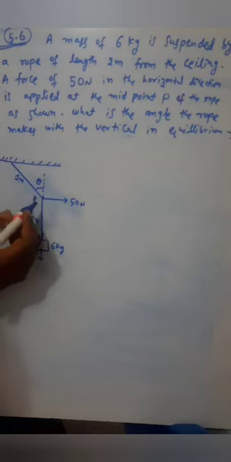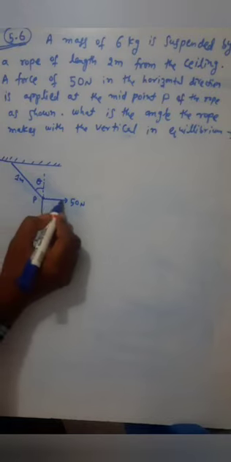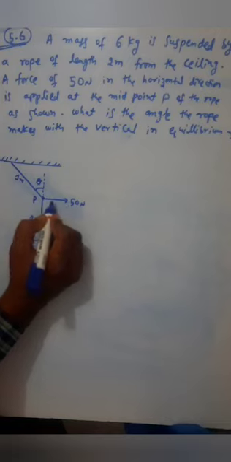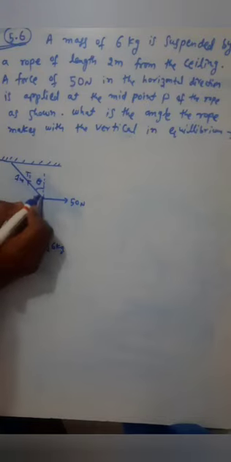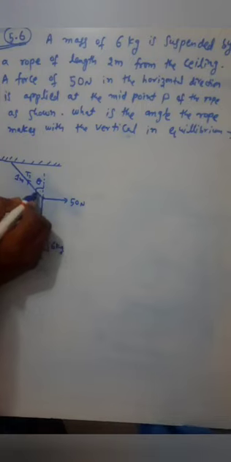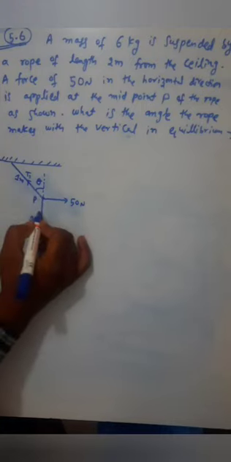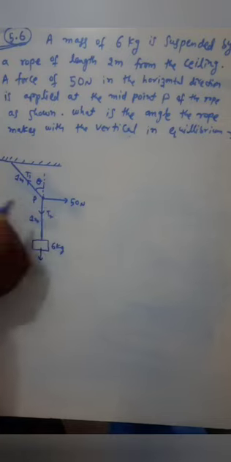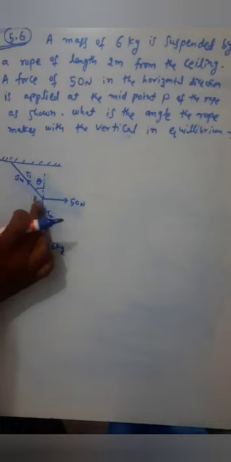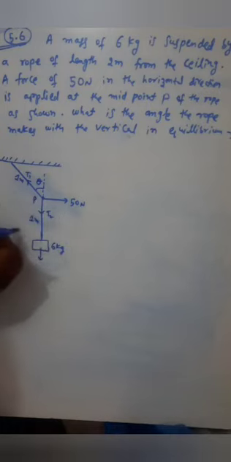The 50 newton force is in the horizontal direction. Tension force T1 is applied on the rope in the upward direction, and tension force T2 is in the downward direction, if the particle P is in equilibrium.